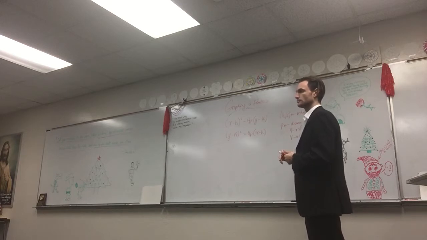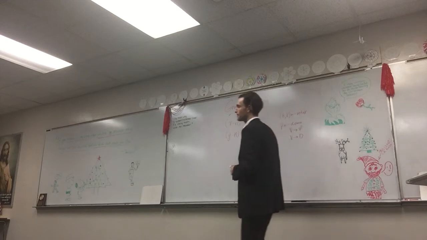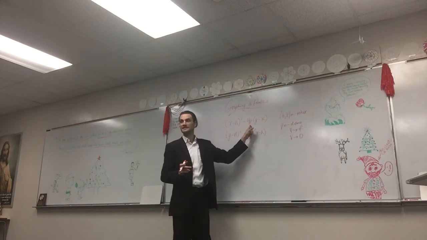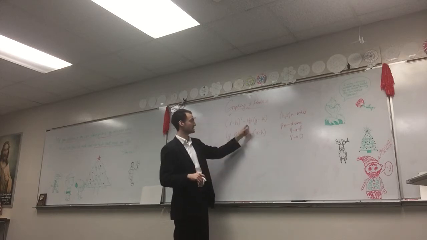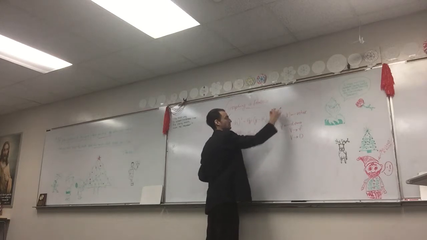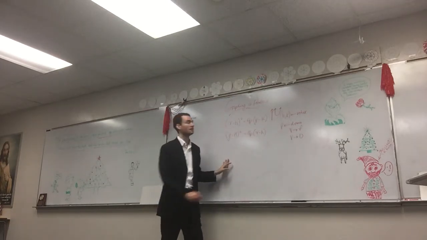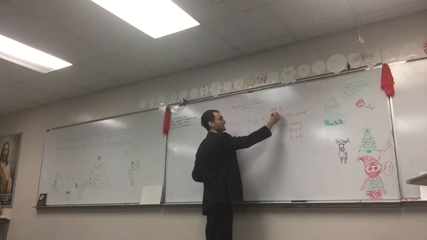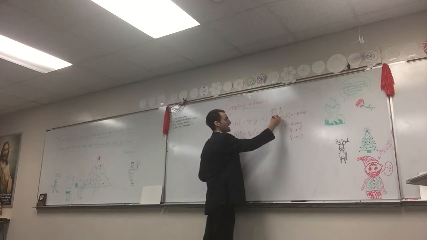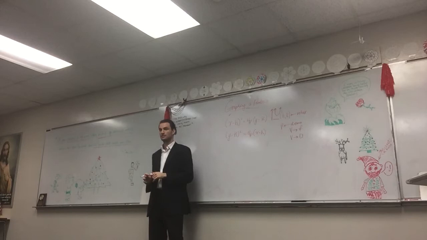The best way to remember this is that if this is positive, like y equals x squared, it's upwards facing, and we know what an upwards facing parabola looks like. And so the focus will be the vertex plus p, and the directrix will be the vertex minus p. Make sense?